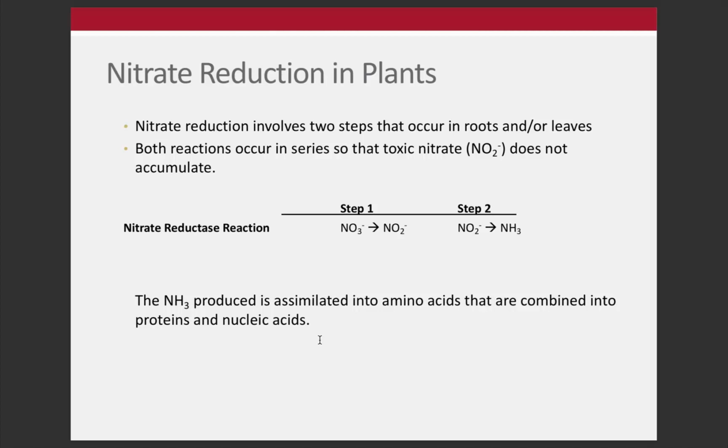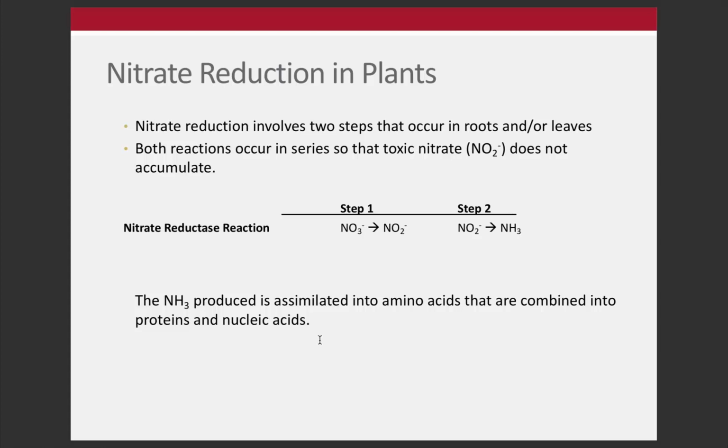Okay, so let's break down this idea that if a plant takes up nitrate, it has to convert it to ammonia or ammonium to actually use it. That is a really important step in plant biochemistry and plant physiology, and it's mediated through the nitrate reductase reaction.